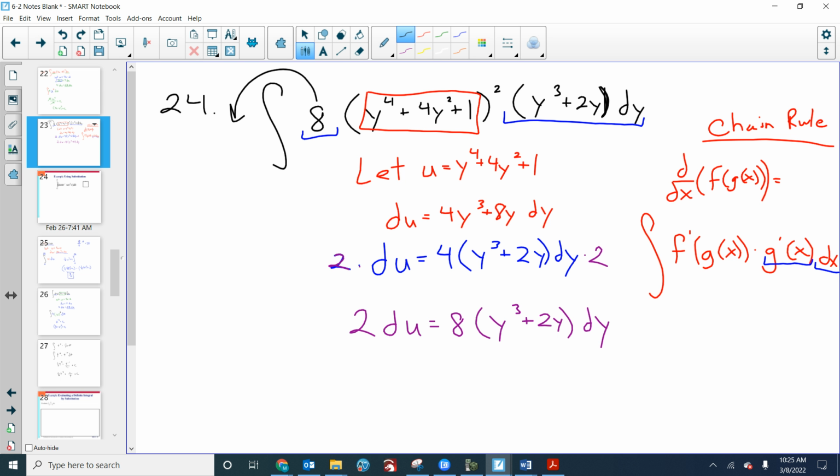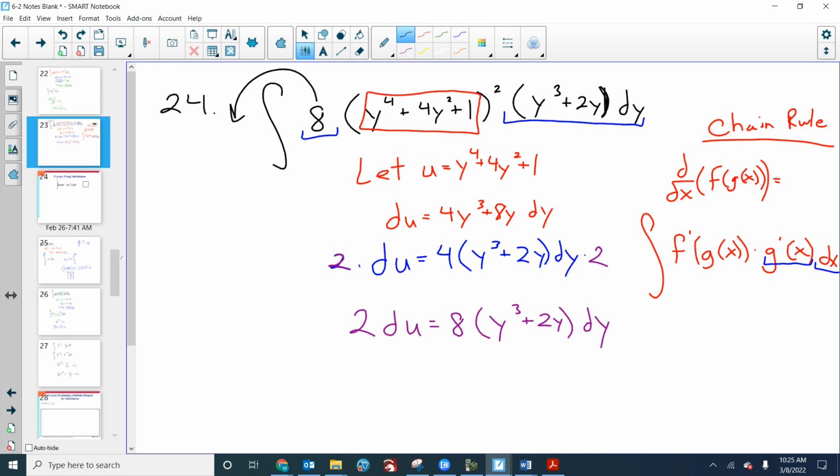You with me? So if you had y cubed plus 2y dy, you could have divided by 4 on both sides, a fourth du. And the 1/4 also goes out front and combines with the 8 and turns into a 2. Same thing. Do you see how there's a couple options there?